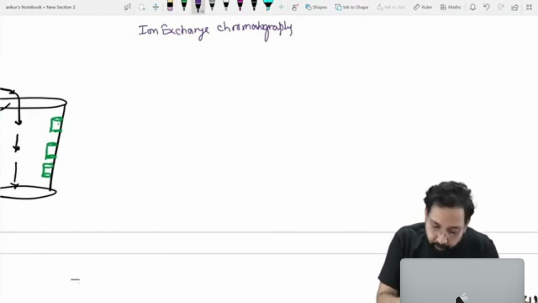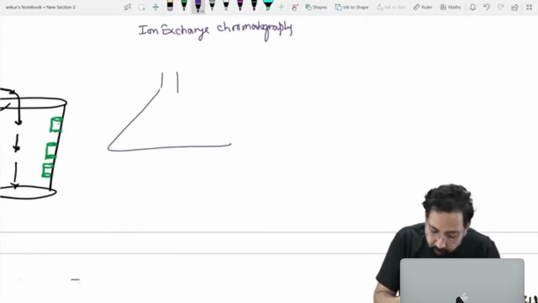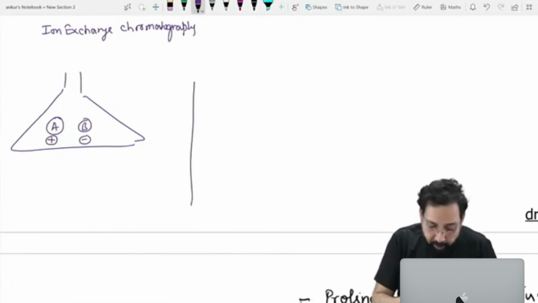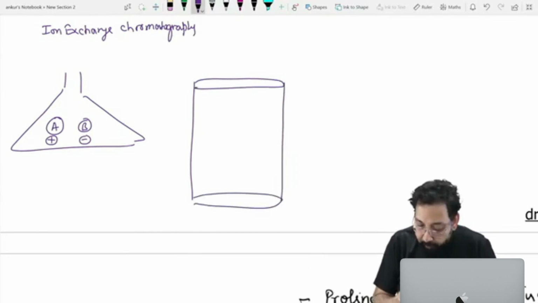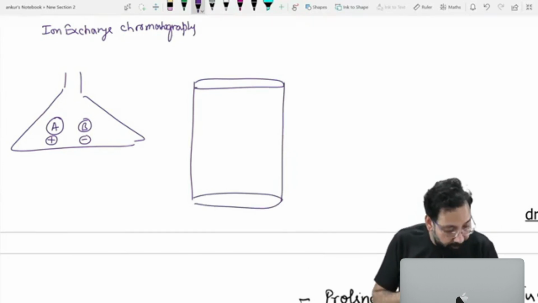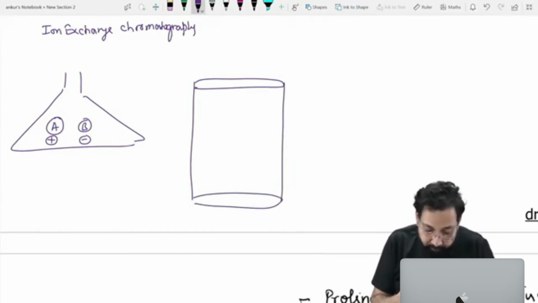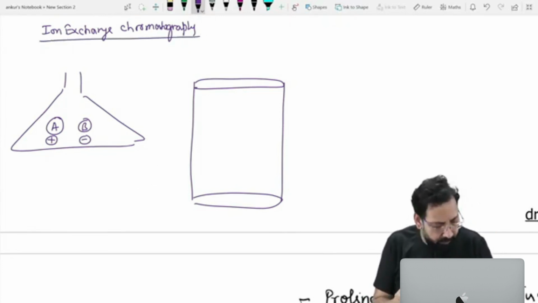If I give you a mixture of two proteins, A and B, A is positively charged, B is negatively charged, and I want to separate them, I take a column.